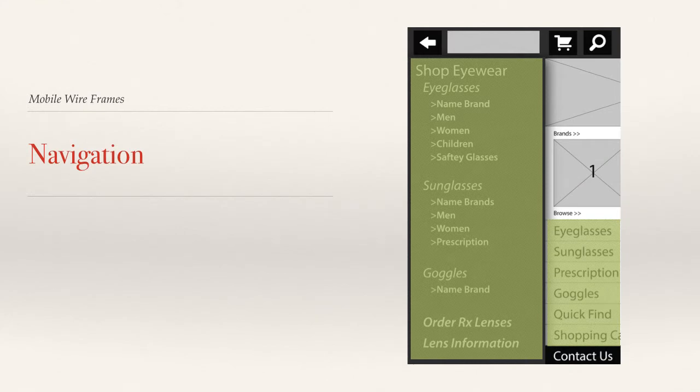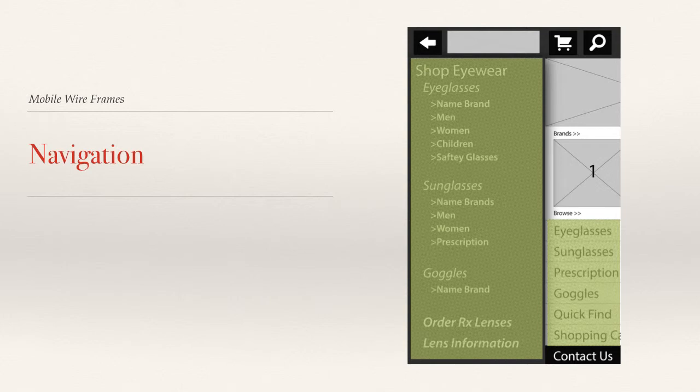I wanted to take some time to talk about the navigation in this design. There are 3 forms of navigation. There's the search option, there's the left-hand navigation menu, and then there is the main content navigation. The left-hand navigation menu goes into a bit more detail than the menu on the main home page.